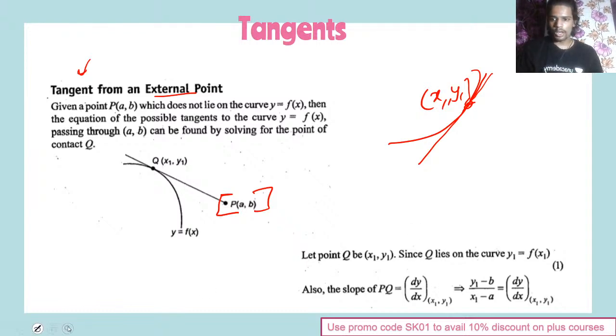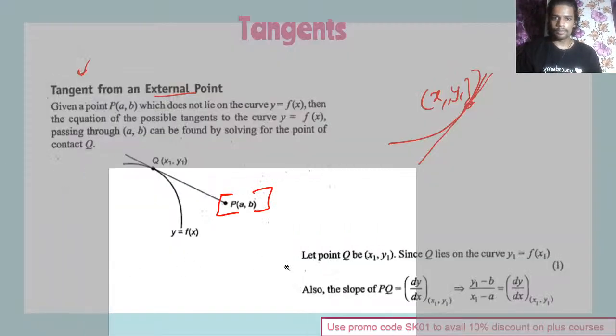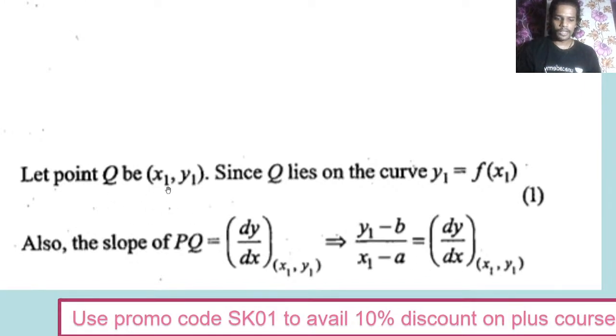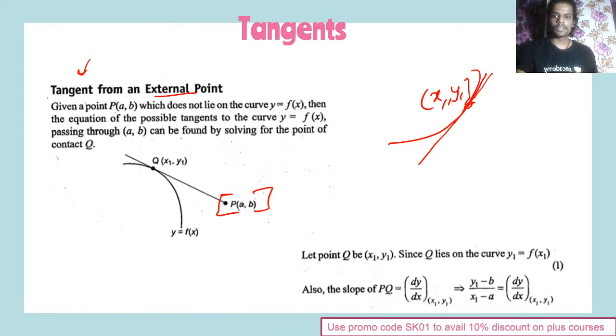So how do you solve it? Let Q be (x1, y1), the point of contact. Since Q lies on the curve, it should satisfy y = f(x). Also, the slope of PQ should be equal to the slope of the tangent drawn at the point Q. And what is the slope of the tangent?